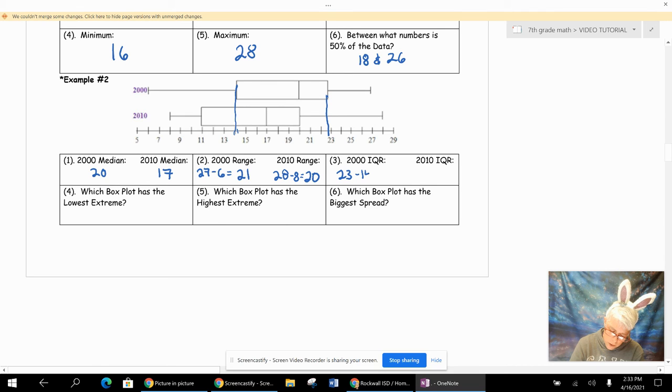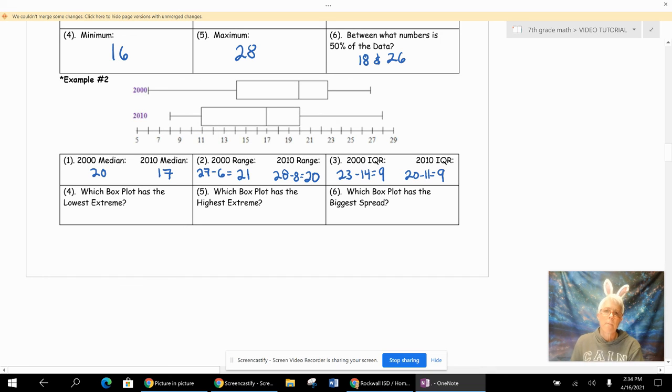So 23 minus 14. So the interquartile range for 2000 is 9. All right, I'm going to erase that. For 2010, the interquartile range starts at 20, down to 11. So it is 9. So the interquartile range is the same for both of them.